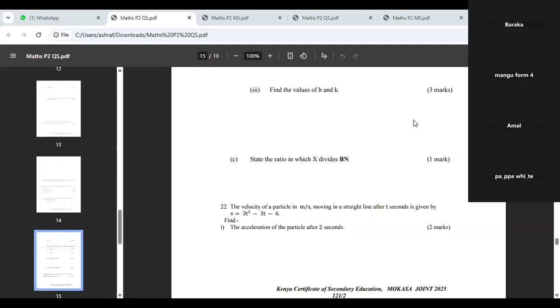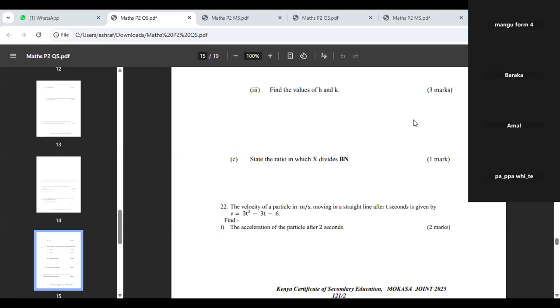Baraka? My question was, what about if they tell you to show that certain points are collinear? How will you go with that question? Okay, if you're told to show that points are collinear, usually you're given 3 points.